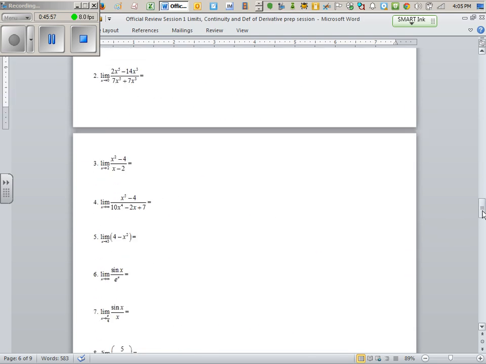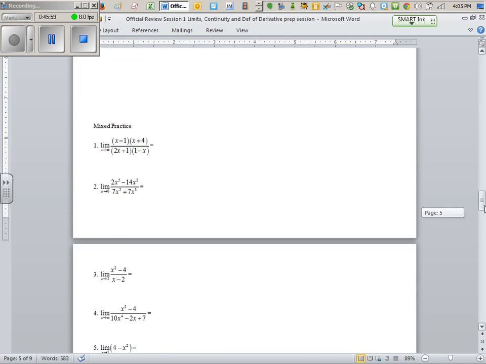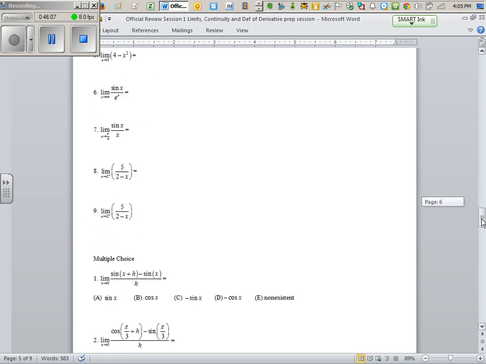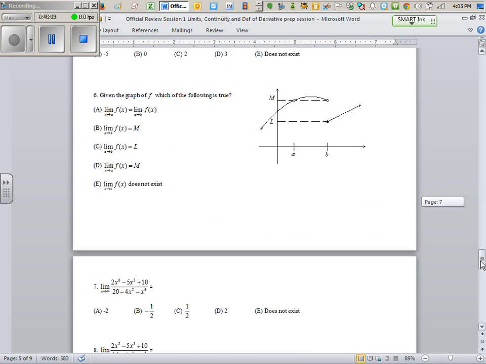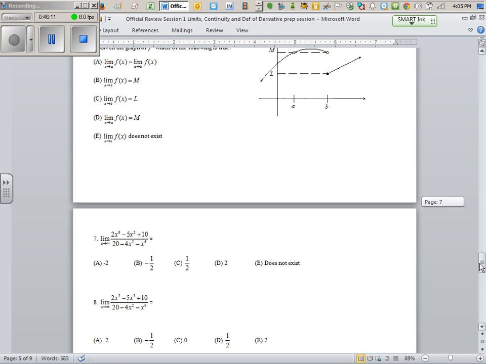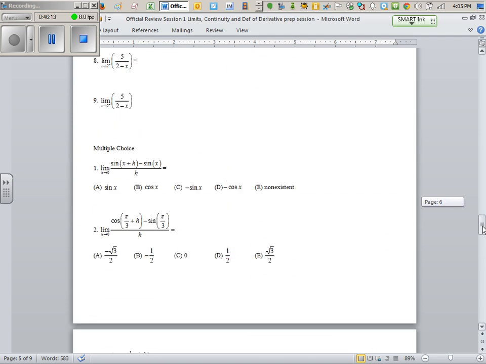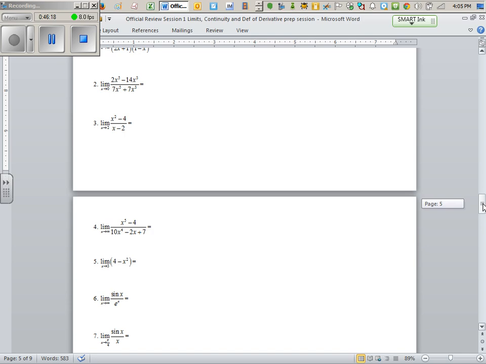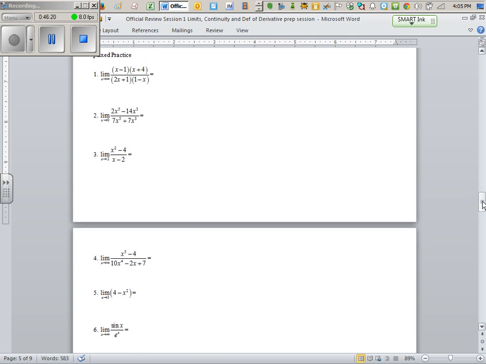That's 1 through 11. Yeah, there's 2 sets of problems. There's mixed practice, 1 through 9, correct? Yeah, there's mixed practice 1 through 9, and then there's multiple choice 1 through 11. So your pages might be out of order there. Multiple choice, there's one multiple choice number 3 and one non-multiple choice number 3.